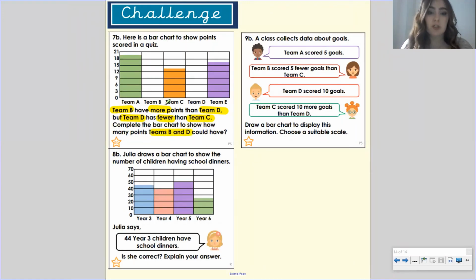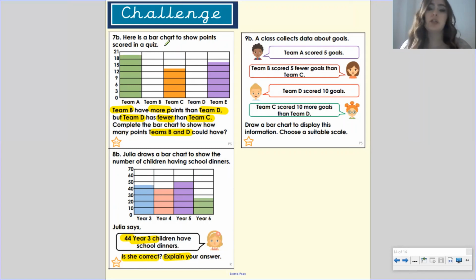So use this information here to help you complete the bar chart. Then the next question, Julia draws a bar chart to show the number of children having school dinners. She says 44 year 3 children have school dinners. Is she correct? Explain your answer. So you would say, yes, she's correct because, or no, she's not correct because, and explain your answer.